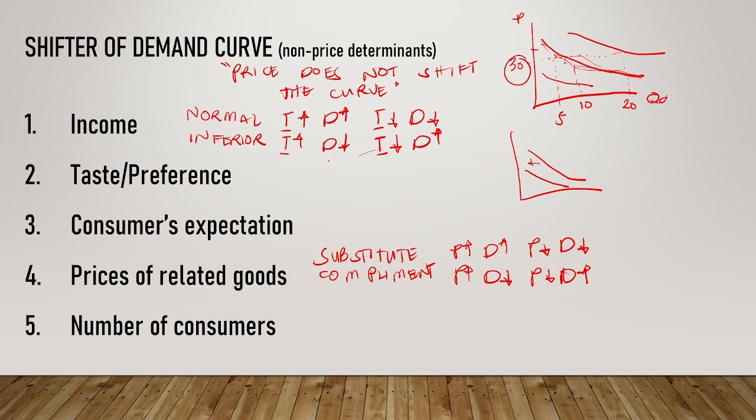Now, for the normal good, for example Nike shoes, if the income of consumers increases, their demand increases. So it is an outward shift.